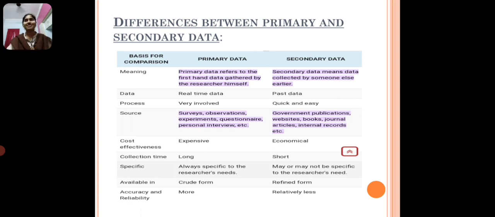Whereas with primary data, the researcher goes by himself and collects it, and he knows everything about the data, everything about the things he's done, so whatever he collected is more accurate and more reliable. And what is meant by crude form and refined form is that primary data is available in a raw form, whereas the secondary data is available in a more calculated, more measured, more refined form.